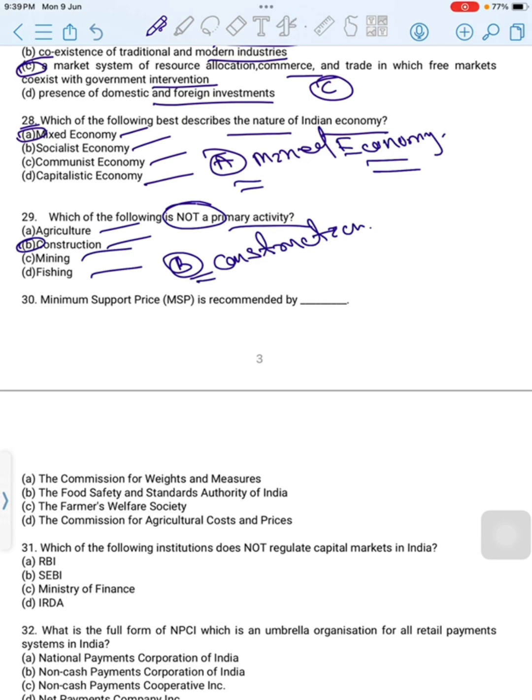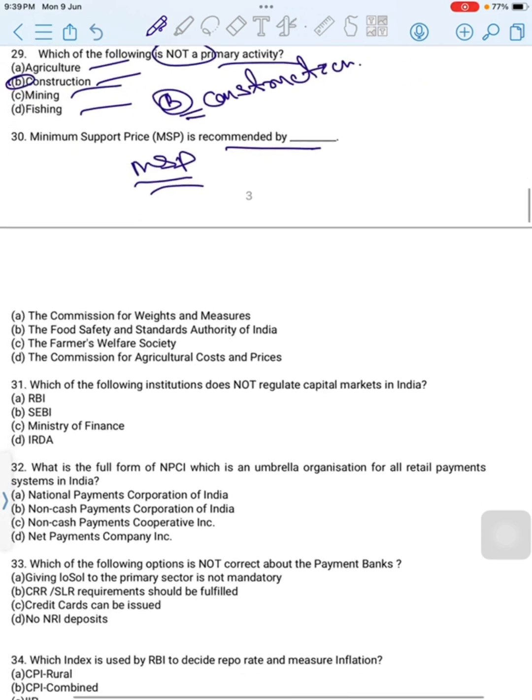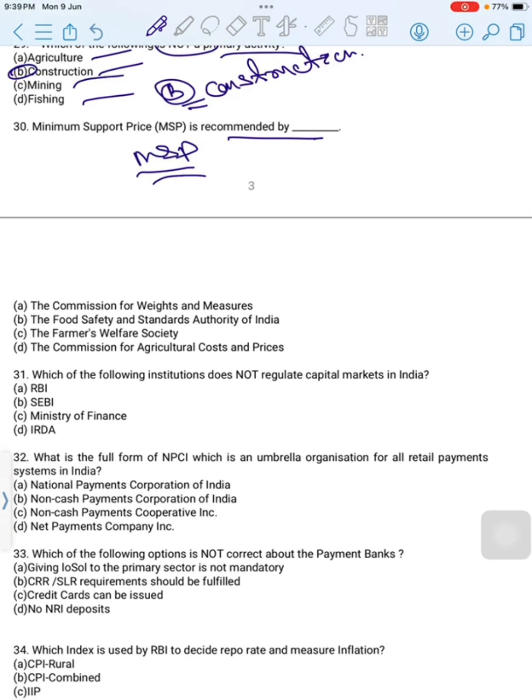Minimum support price, MSP. Minimum support price is recommended by dash, the Commission for Weights and Measures. Second option is the Food Safety and Standards Authority of India. Third option, the Farmer Welfare Society.